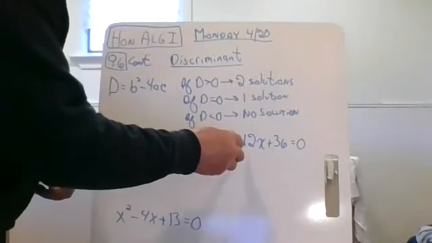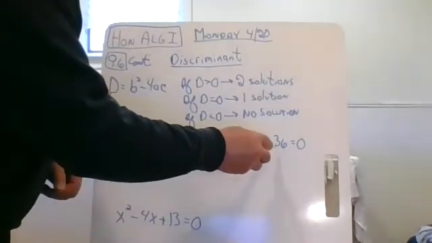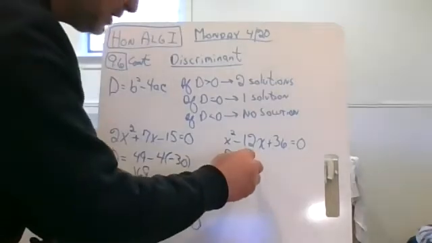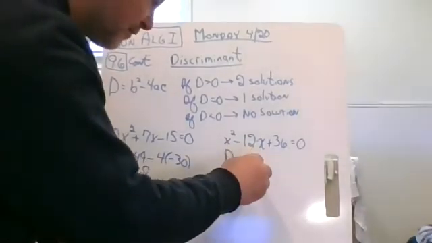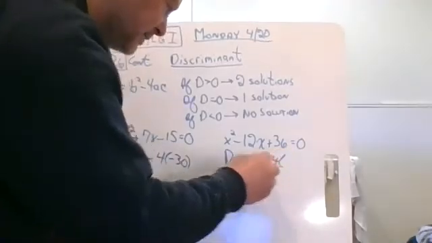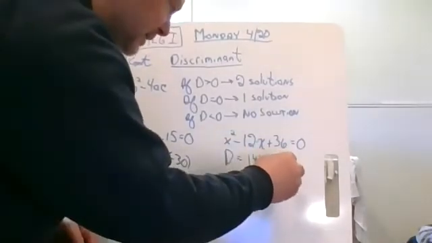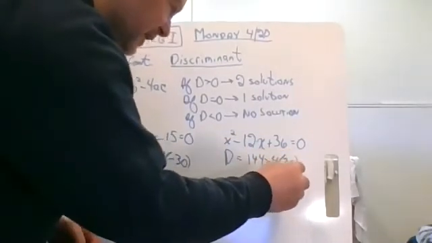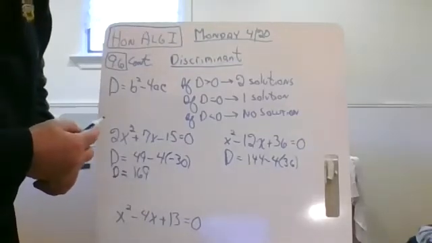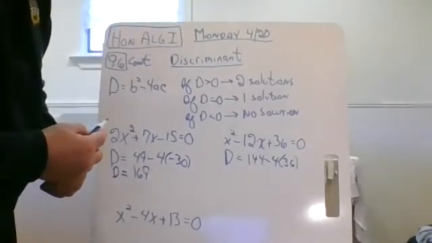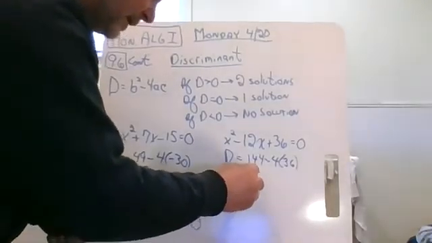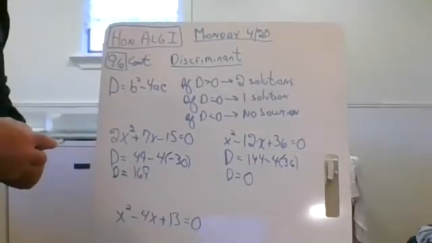All right, take this next problem. A is 1, B is negative 12, and C is 36. So now we get B squared, which is 144, minus 4 times AC, which is 36. And 4 times 36 is 144. And so your discriminant here is 0.